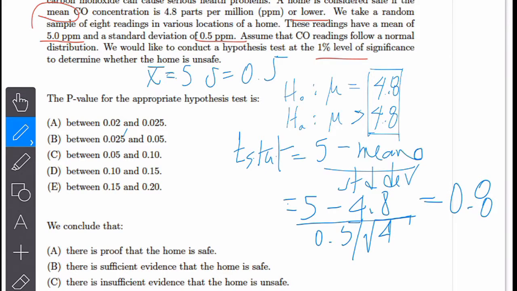Now the question is, is that significantly different from, sorry, is that too far away? It looks not too far, right? It looks like we're probably going to fail to reject and everything's going to be safe.